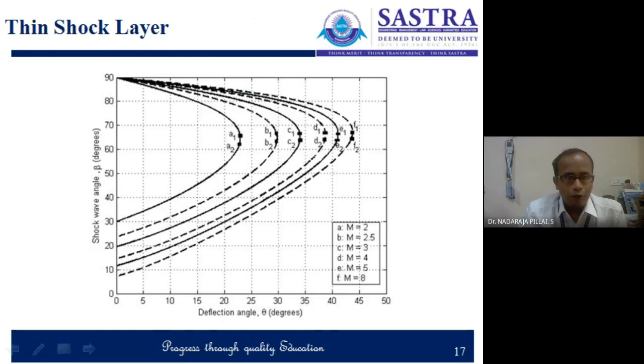For the thin shock layer case, we have the shock wave angle on the y-axis and the deflection angle on the x-axis for the oblique shock relation. By considering Mach numbers 2, 2.5, 3, 4, 5, and 8, with a constant deflection angle of 15 degrees, you see the corresponding shock wave angle.